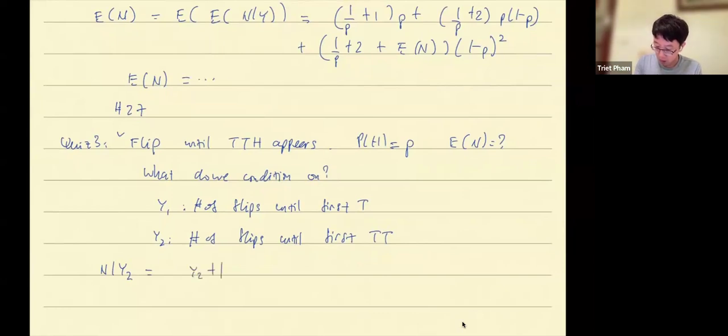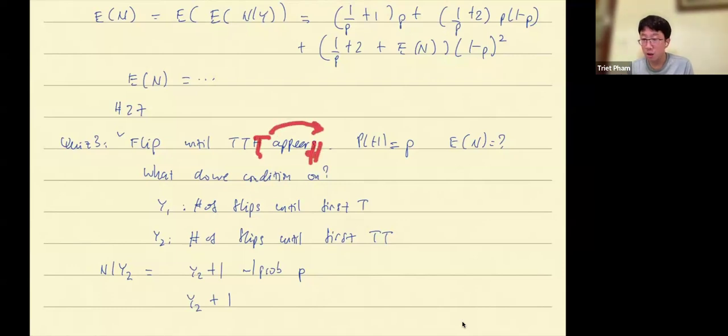Y2 plus 1 with probability p. That means the next one you get is a head. However, if you get a tail, then what happens? Then you just have to wait for a head to appear.